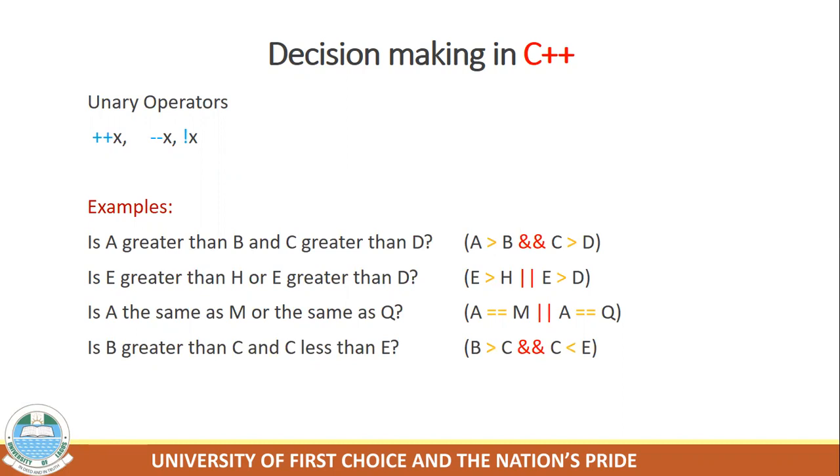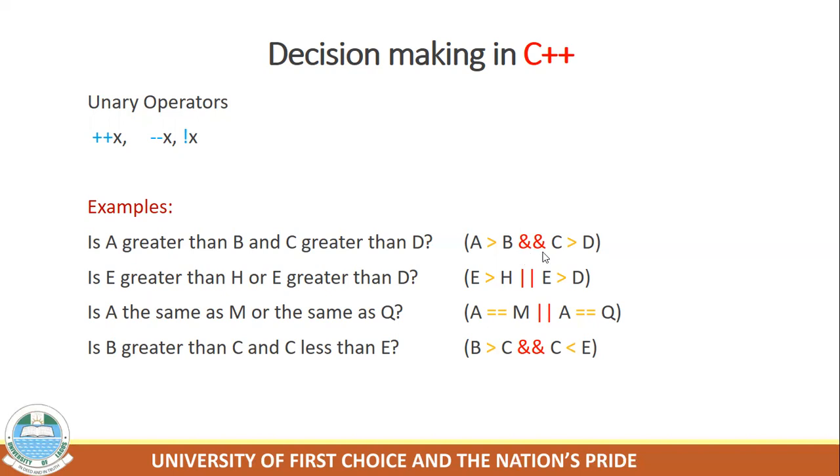Now we want to say, is A greater than B and C greater than D? You follow the way it's written. A greater than B, and how do you write your AND operation?